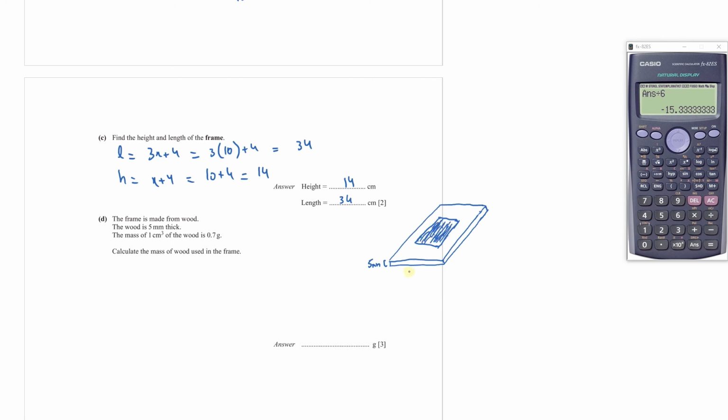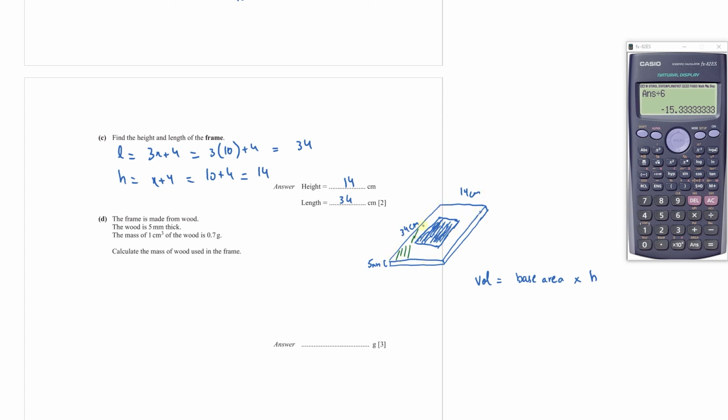So you know that the volume is base area into height for all the figures that we calculate the volume for. So if I calculate the base area, which is this rectangle, where this length is 34 centimeter, this width is 14 centimeter. So if I calculate this 34 into 14, this will give me the full area.